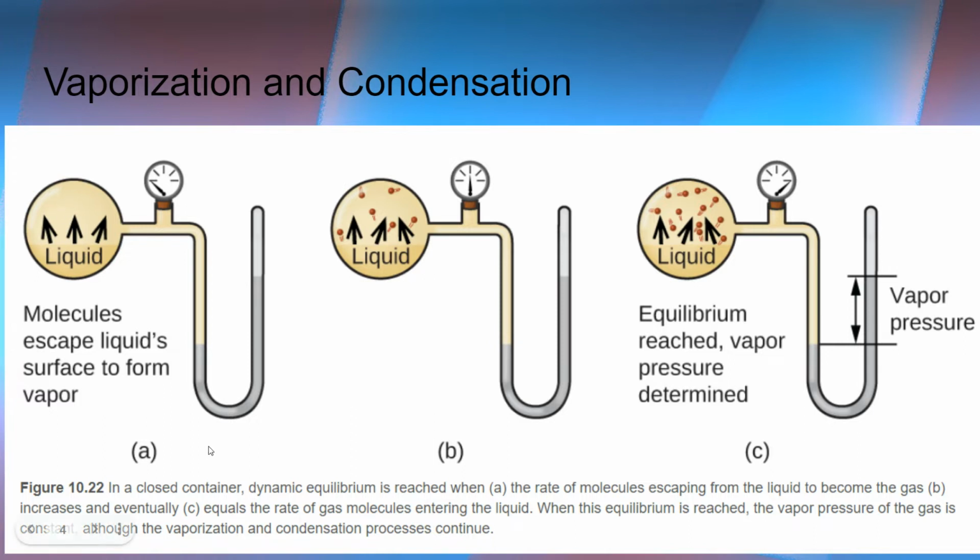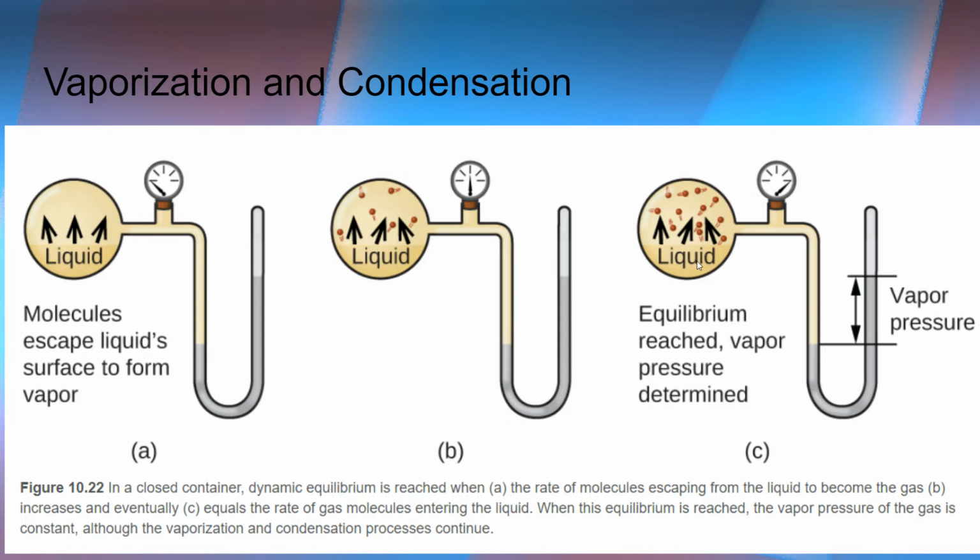So in a closed container, dynamic equilibrium is reached when the rate of molecules escaping from the liquid to become gas equals the rate of condensation. Eventually, we're going to start to see more molecules begin to escape the liquid and become even more vapor molecules. So that's what we're seeing here in letter B. So letter B is increasing amounts of vaporization.